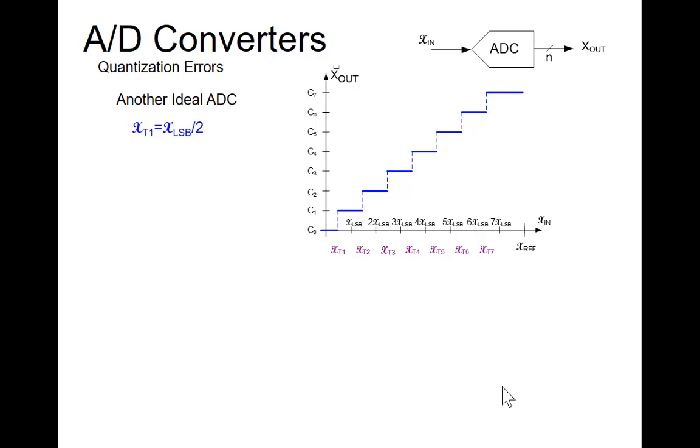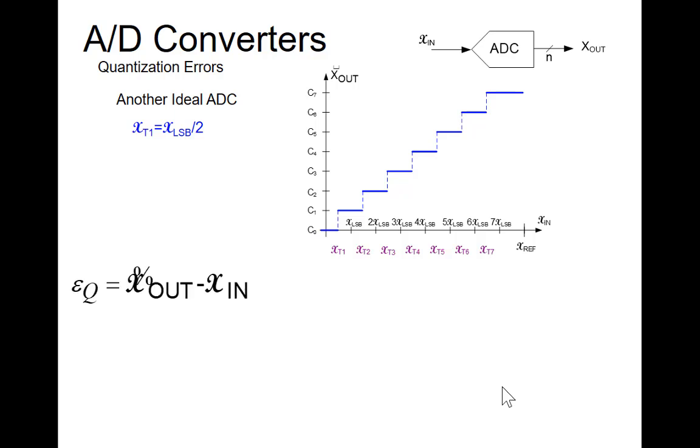Here's another ideal ADC. How does it differ from the previous one? I've shifted the first transition point from 1 LSB to half of an LSB. They're still uniformly spaced, 1 LSB apart, but I start the first one at a different point.